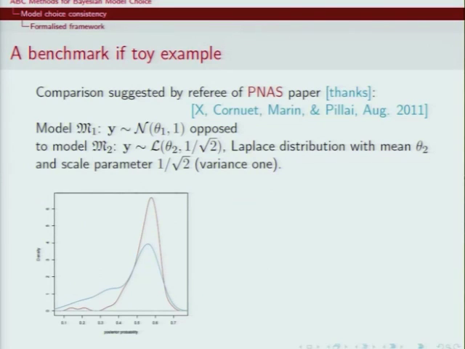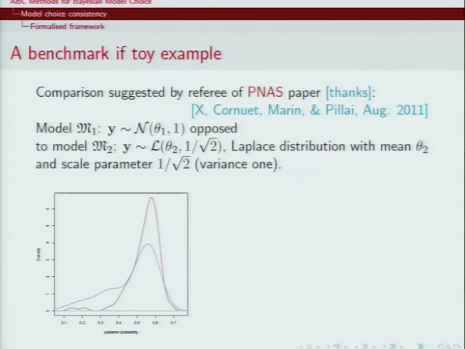So here is an illustration of the performances of one of the three first summary statistics. If I keep simulating from model 1 and compute the probability that model 1 is the right one, I get this brown curve. The probability that the model is normal, given that the data is normal, tends to accumulate around 0.5, 0.6.